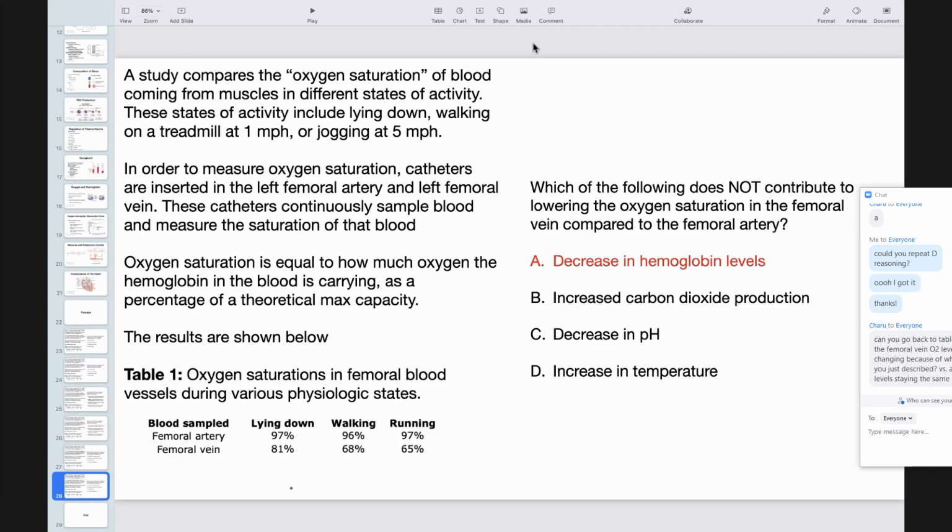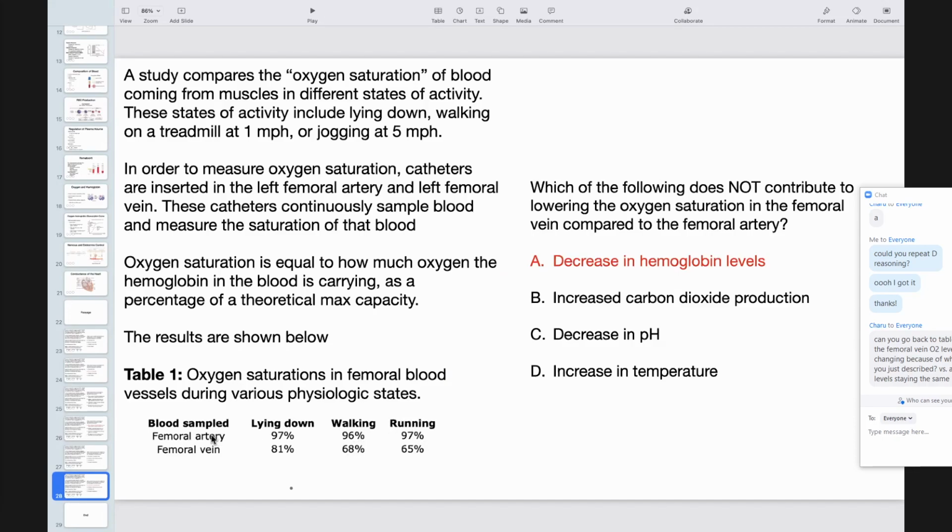Okay, there's a question. Can you go back to table 1? This table 1 that's shown here: is the femoral vein O2 level changing because of what you just described, versus the levels in the artery staying the same? Yeah, what's happening is we have the percent saturations, and the femoral artery is always the same, but the vein is dropping.